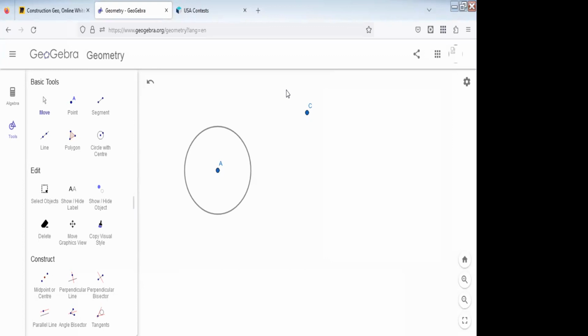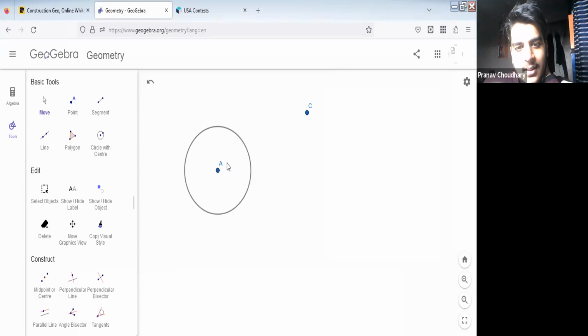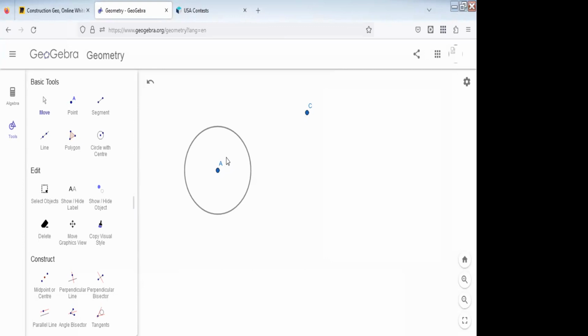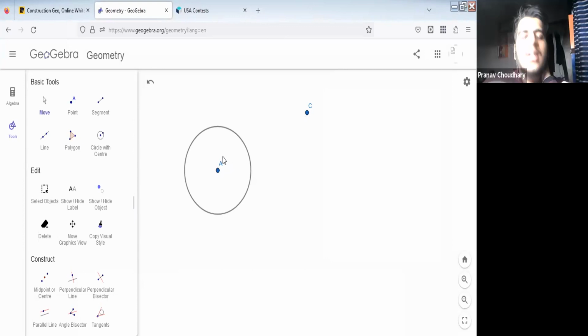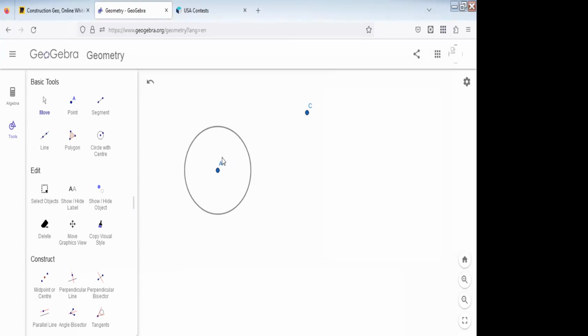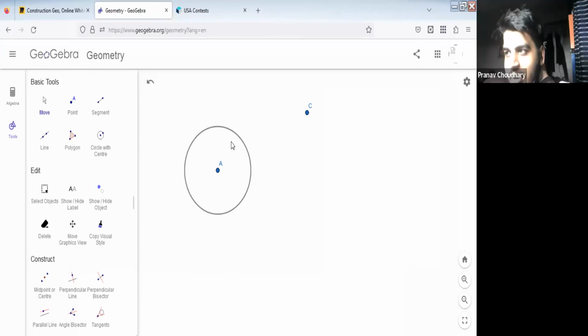Pranav, you know this thing. Can you tell me how do you motivate this? Sorry, how do you construct the inverse of a point with a circle? Tangents? How do you construct tangents? I think I know how to do this. Yeah, go on. Let's put the compass on line AC. One second.